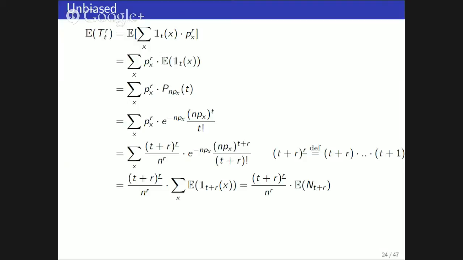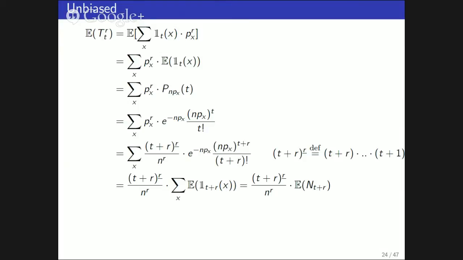Now this constant, (t plus r) to the r divided by n to the r, goes out. And what you get here is exactly the probability that x will appear t plus r times, which is the expected value of the indicator function.